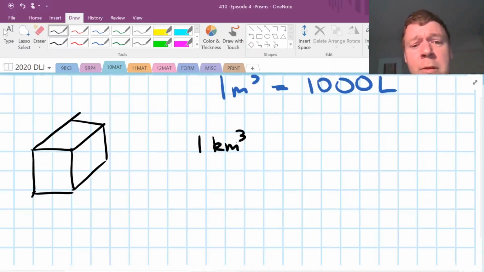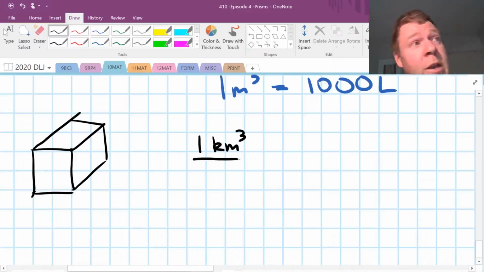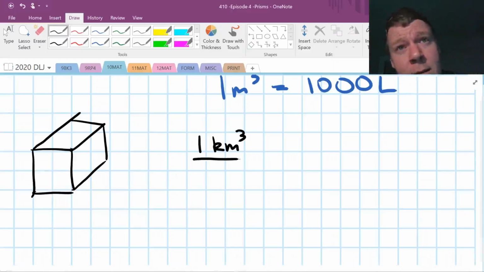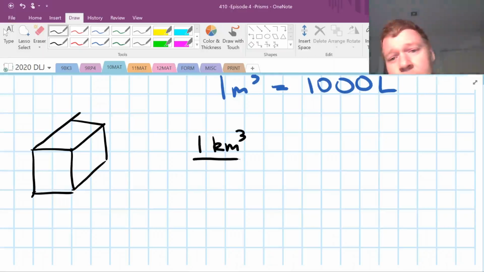You'd probably only be using kilometers cubed if you're measuring the volume of mountains. You might say that mountain over there is 5 kilometers cubed. That's a pretty big mountain.